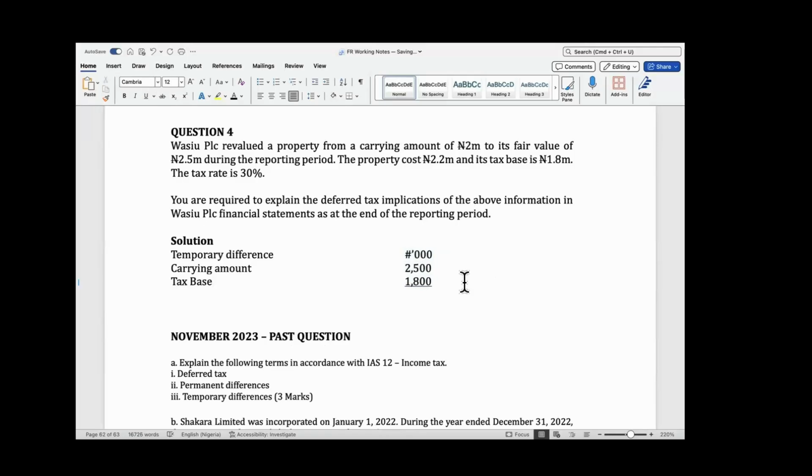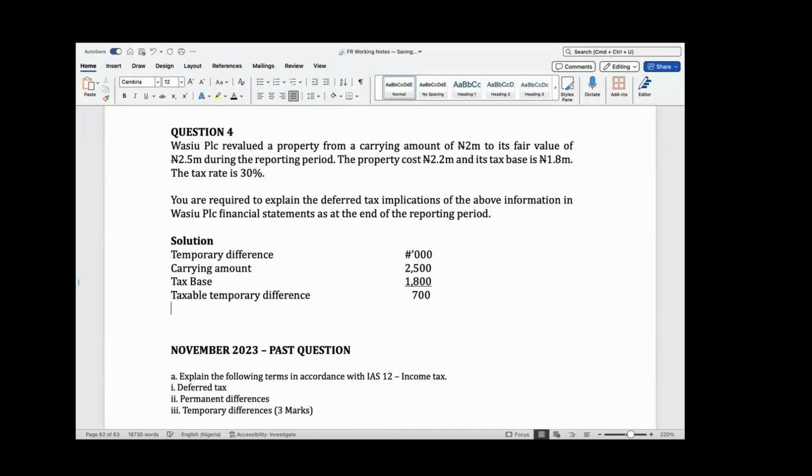Again, you can tell me, is this difference a taxable temporary difference or a deductible temporary difference? Taxable. Correct. Taxable temporary difference. And that taxable temporary difference gives me how much? 700.